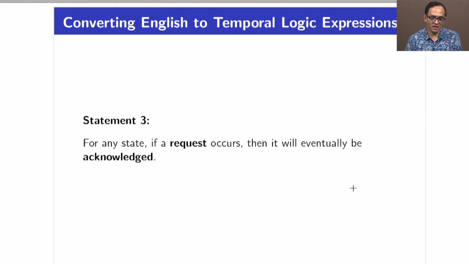Now the third one. The statement says, for any state, if a request occurs, then it will eventually be acknowledged. So I have two propositions, request and acknowledge. You request for something and then you get an acknowledgement signal: yes, I have received your request.